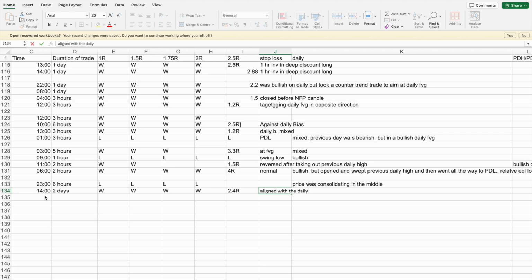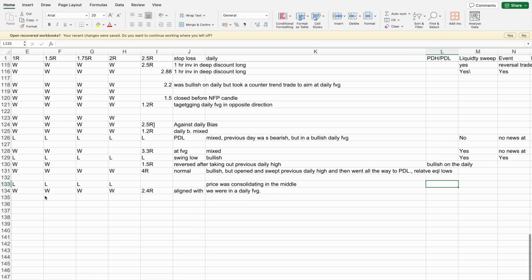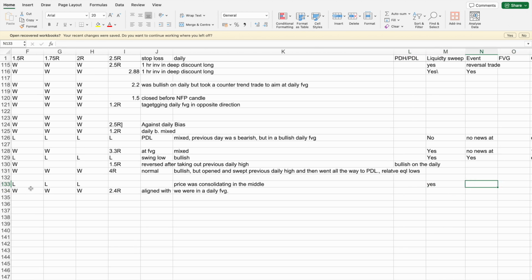Aligned with the daily bias, we were in a daily fair value gap, and I'm also going to say yes, there was a liquidity sweep, and it was a reversal trade, but with the high time frame.